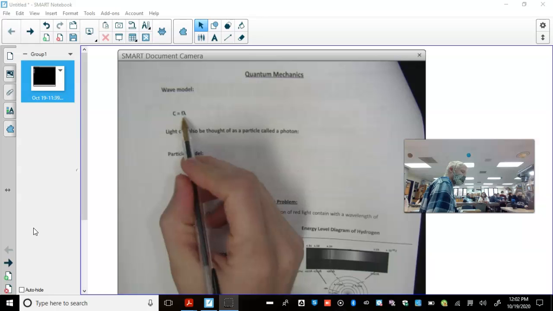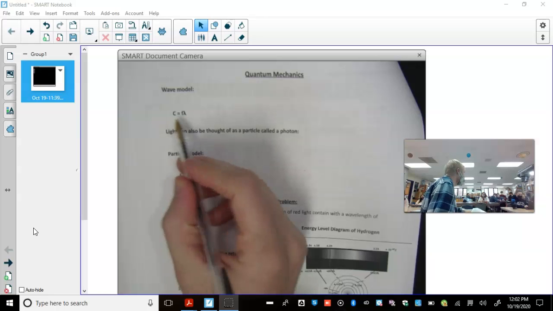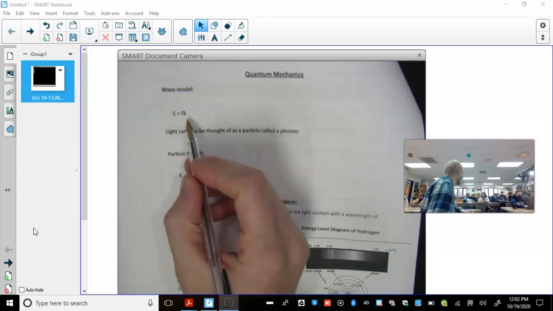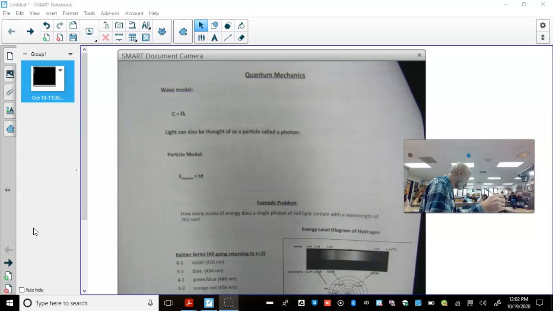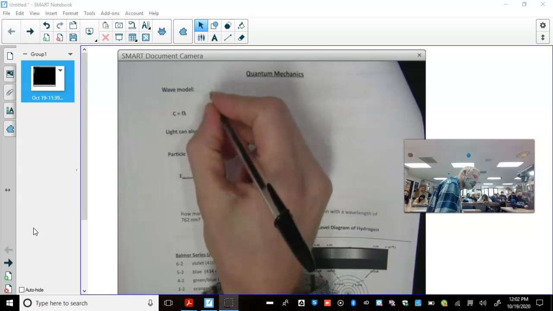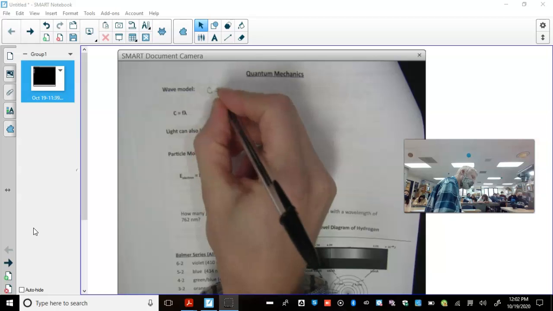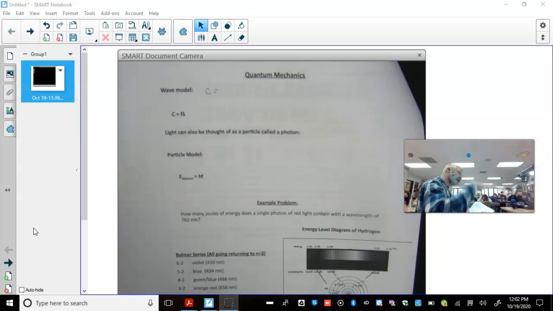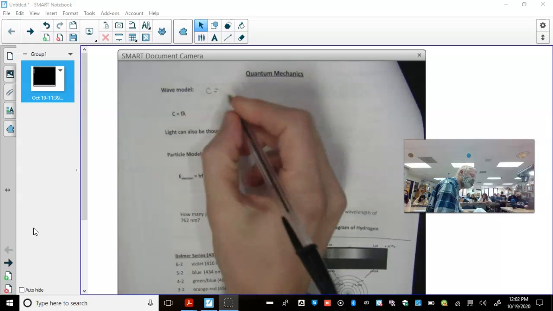We got c equals f times lambda. c is the speed of light, f is frequency, and lambda is the wavelength. So we might want to write those down. This is saying that the wave model says electrons act like a wave because they're so small. It acts like light.